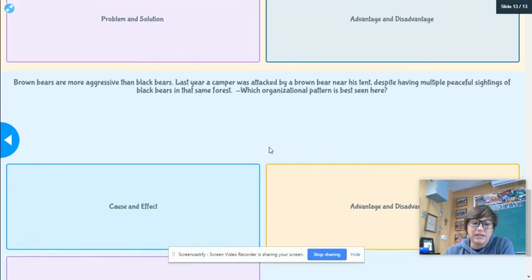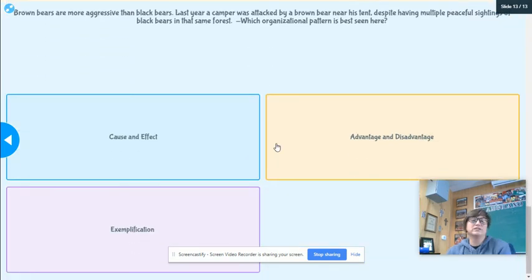And then last but not least, brown bears are more aggressive than black bears. Last year, a camper was attacked by a brown bear near his tent, despite having multiple peaceful sightings of black bears in that same forest. What type of organizational pattern is this? Hopefully you said exemplification, okay?